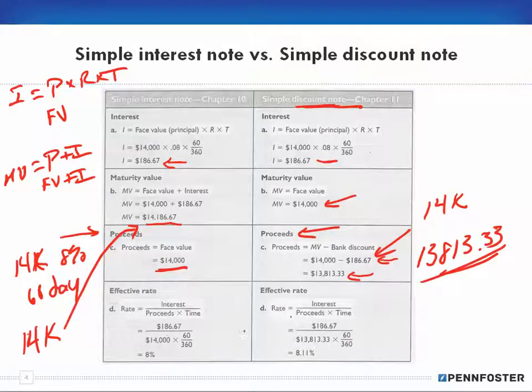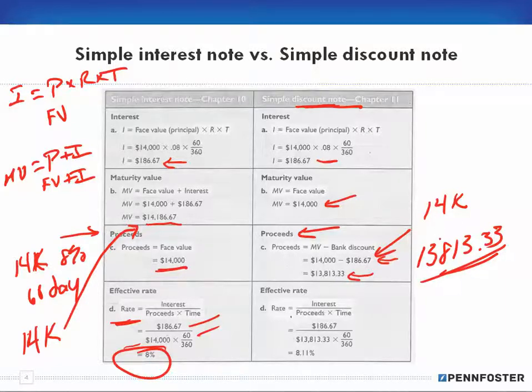Now, what does that do? Well, that changes the effective rate. Over here in the simple interest note, where you're borrowing the $14,000 at 8%, your interest rate is 8%, and there's the calculation for the rate. But you were already told that the rate was 8%. If you work the math backwards because you know what the interest is, you know what the principal is, and you know the number of days, you can see that the effective rate is still the 8% on the 14,000.